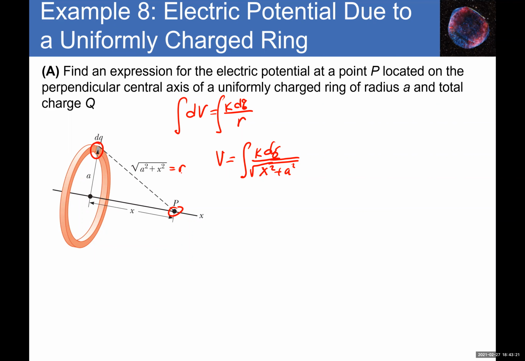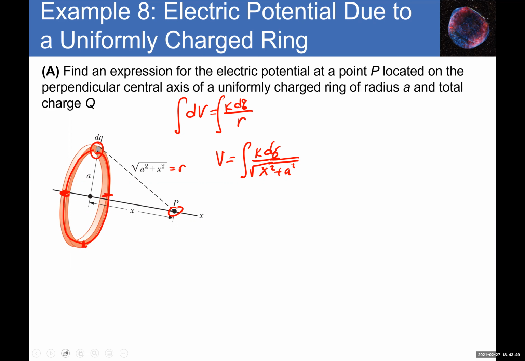Now, there are several ways we can technically solve this problem. Also notice that there is no sine or cosine, because we don't need that. There is no component to this potential. It's just a number. This is all we need. So think like this. As I go around this ring, there's another dq, another dq, another dq.